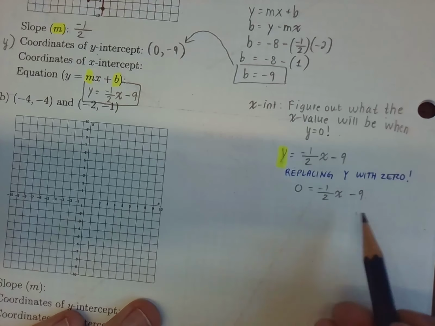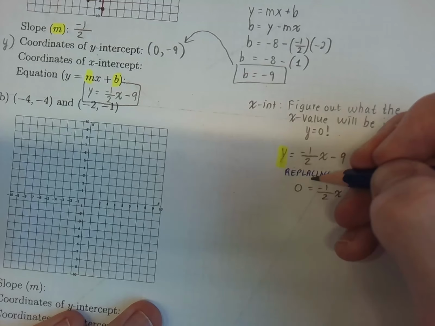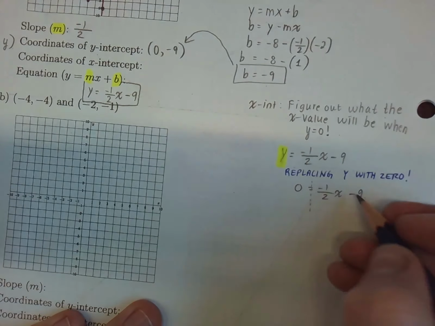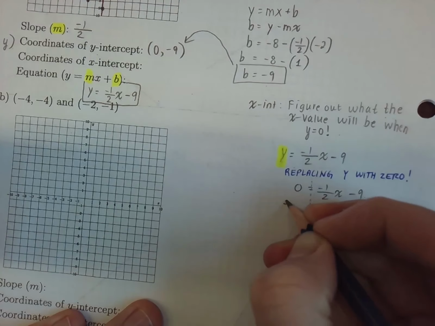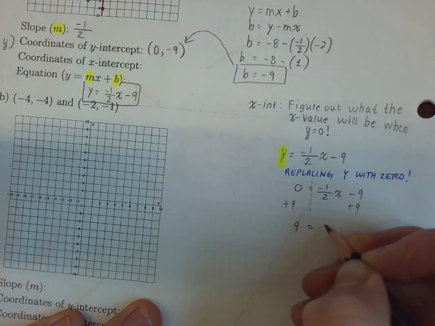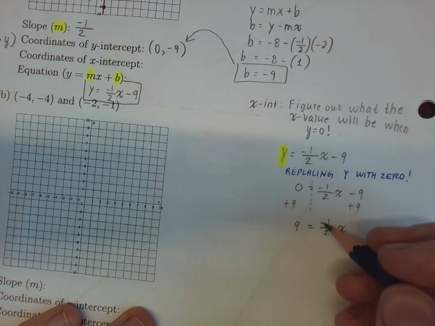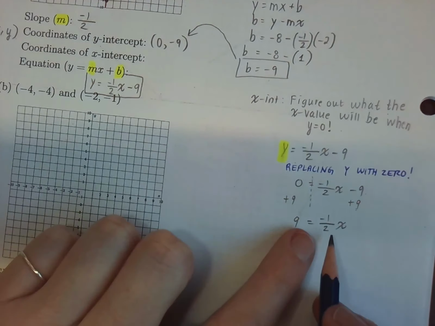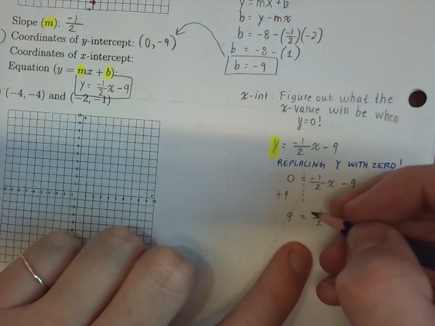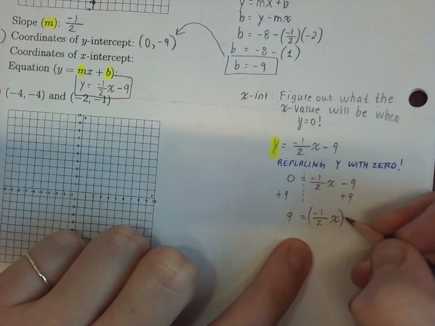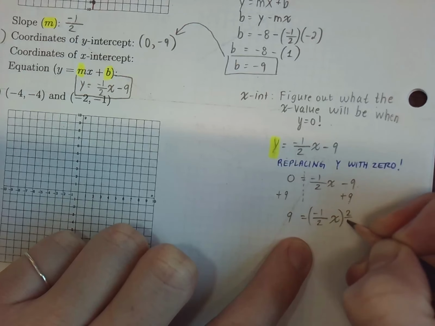And then now I'm doing algebra. There's two sides of my equation. I want to get the x term by itself, so I have to add 9 to both sides. 9 equals -1 over 2x. To get rid of this fraction, I can times both sides by the denominator, times 2.